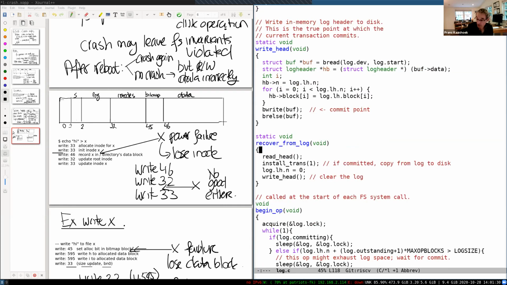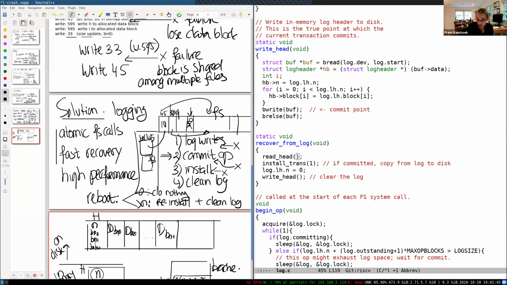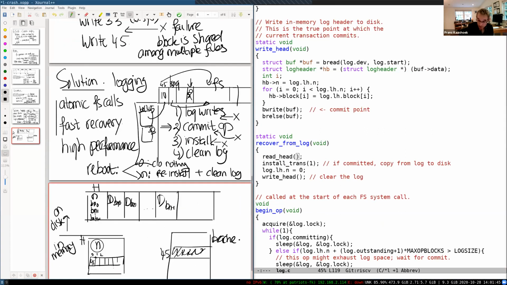Recover from log calls read head to read the header from disk. It doesn't really check if n is 0 or not, but it just calls install trans.